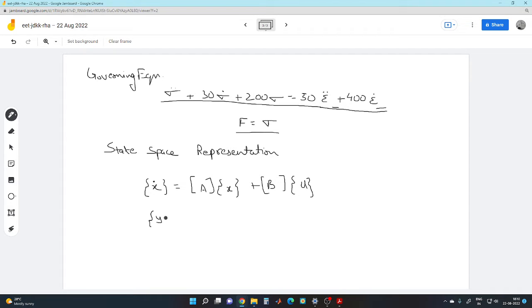Then the sensed variable y vector is equal to matrix C into vector x plus matrix D. So this is the input variable, this is the exciting variable, and this is the sensed variable.